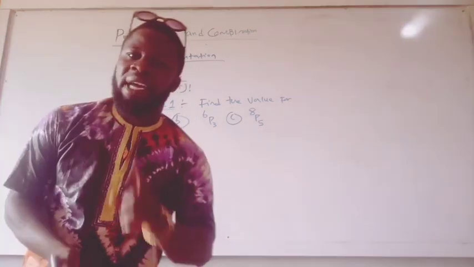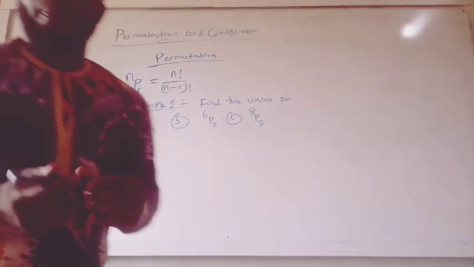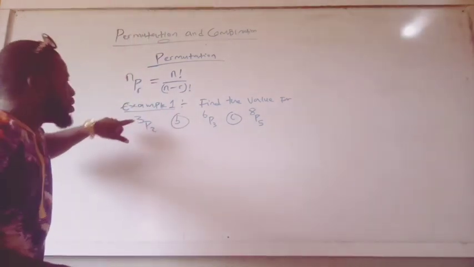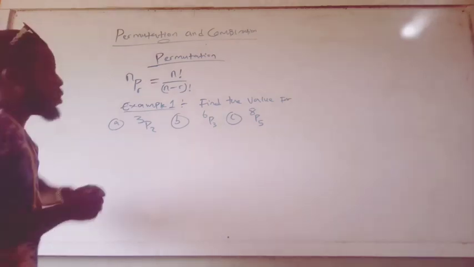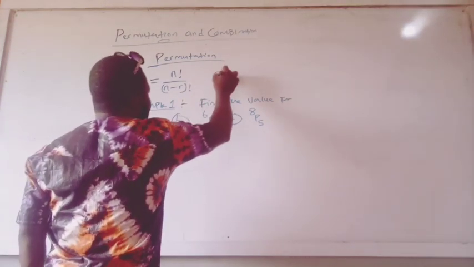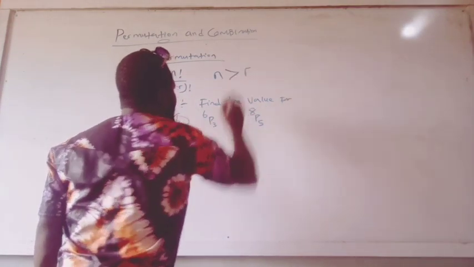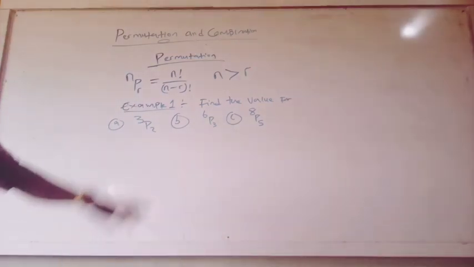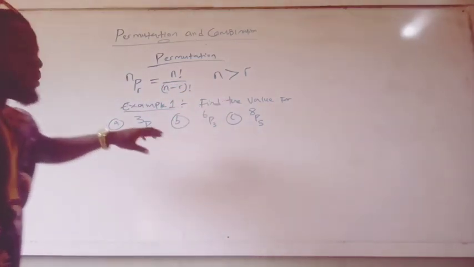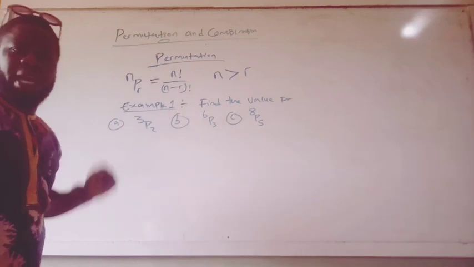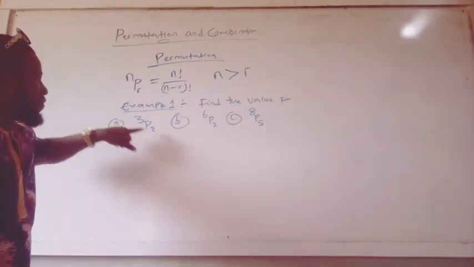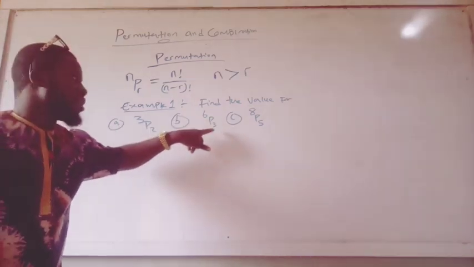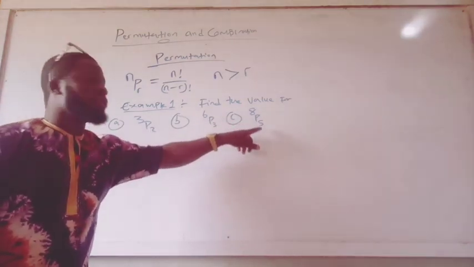Now, I must tell you about something. It's not possible for the n to be lesser than the r. So, most times, n is greater than r. So, your n will be greater than r. It won't be lesser than r. Then we have the question that if you look at this, 3 is obviously greater than 2. 6 is obviously greater than 3. 8 is greater than what?